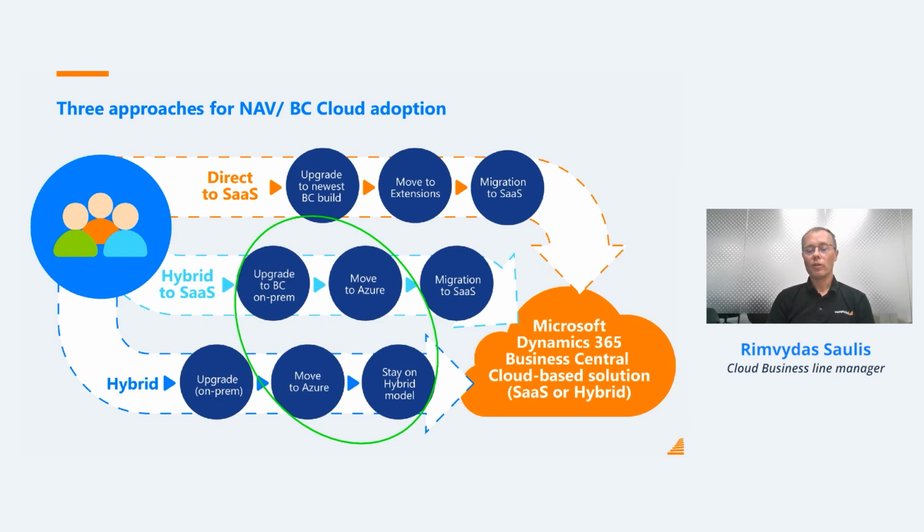But think about these options, show those options to the customer, discuss that, make your calculations, and see whether it makes sense. From our point of view, it makes sense in many cases. That's why we still see a lot of customers choosing this way.